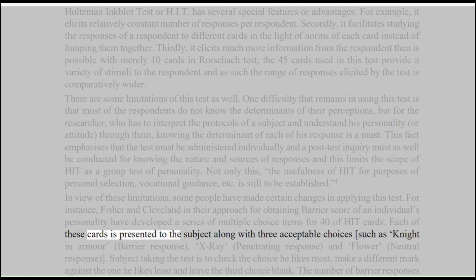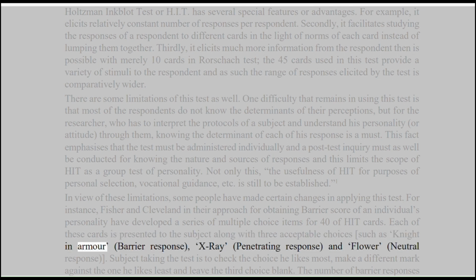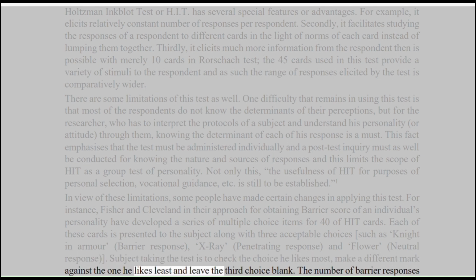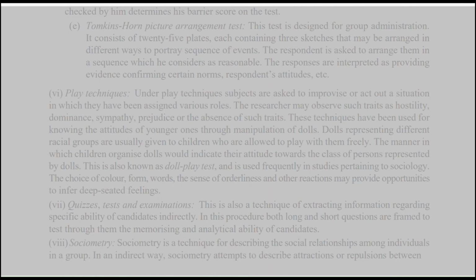Each of these cards is presented to the subject along with 3 acceptable choices, such as knight in armor, barrier response; X-ray, penetrating response; and flower, neutral response. The subject taking the test is to check the choice he likes most, make a different mark against the one he likes least, and leave the third choice blank. The number of barrier responses checked by him determines his barrier score on the test.